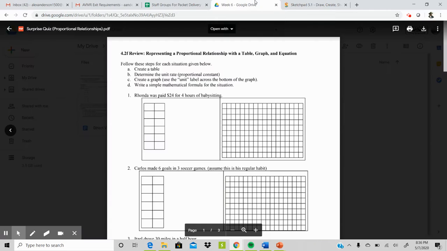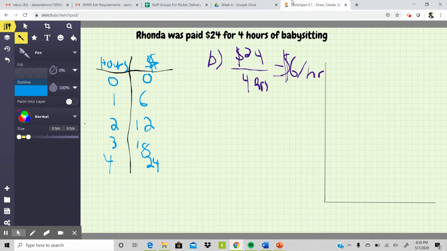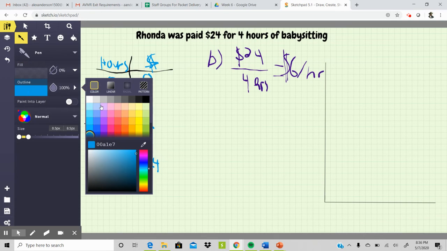The next part says that I have to graph it. So if I'm going to graph it, this column in the table is my X column, so that's going to be this part of my graph. So this axis, I should change colors because that's what I'm doing.